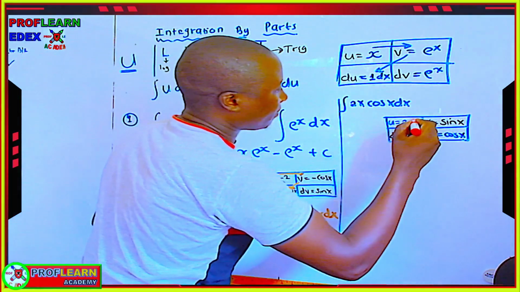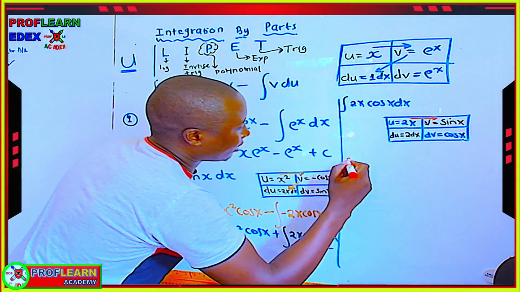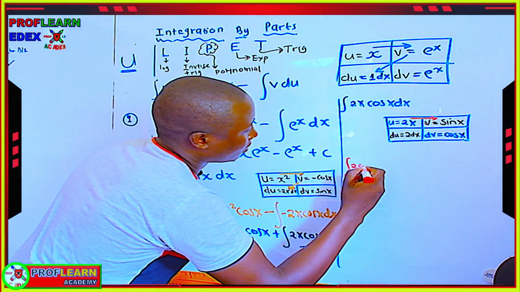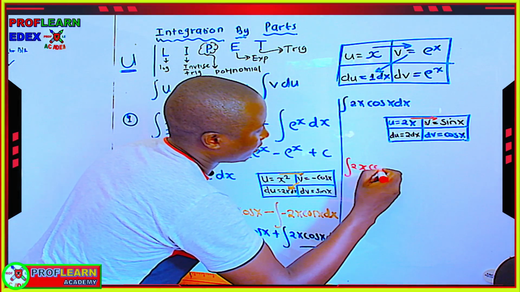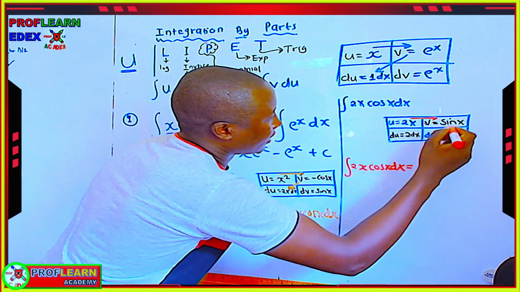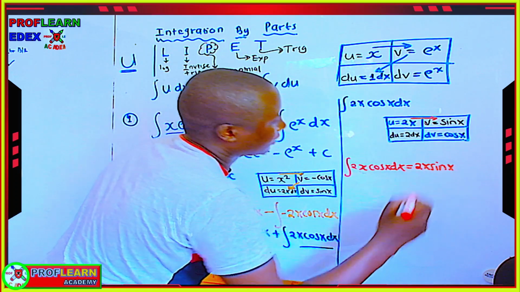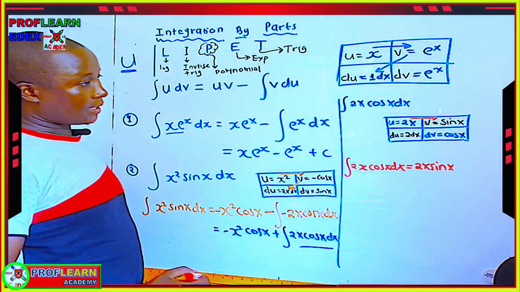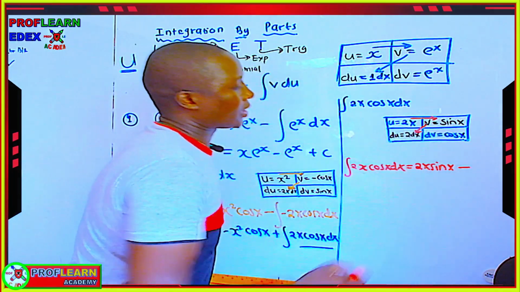Then normally we multiply across like that, and now our integral of 2x cos x dx will become what? Multiplying this and this, it will be 2x sine x minus, because we are multiplying diagonally, we subtract.